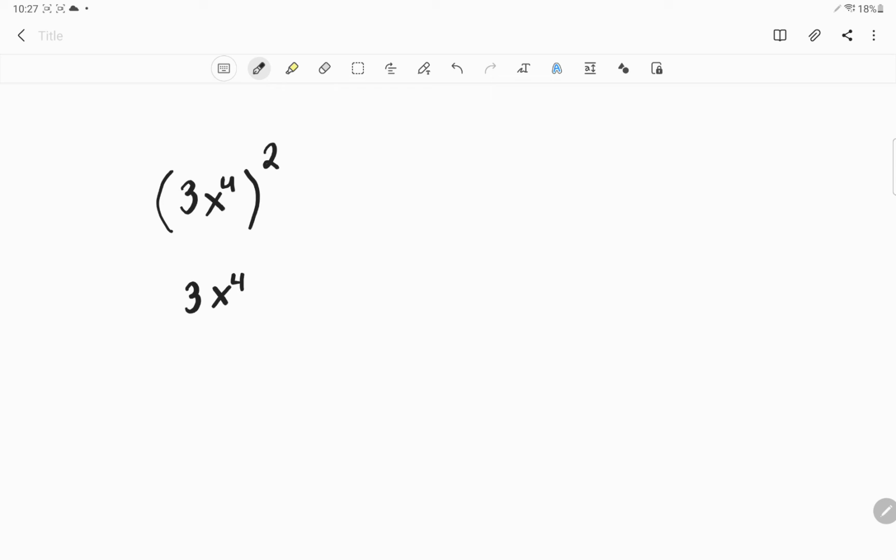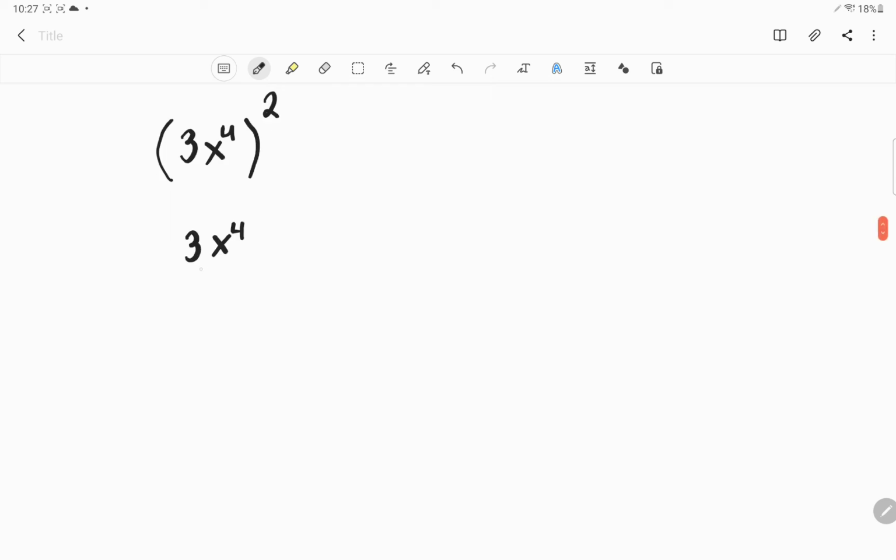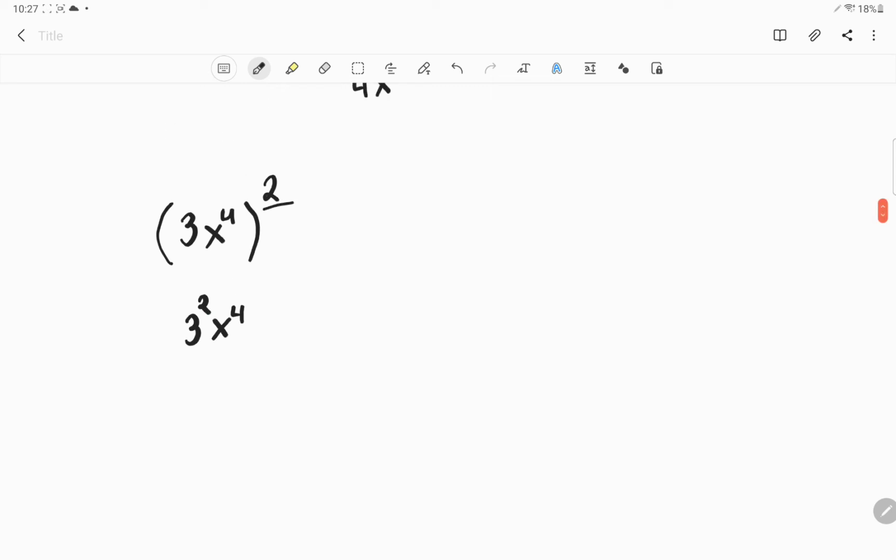Okay? Now what I'm going to do, I'm going to bring the 2 on top of both of them. So I'm going to have 3, and it's going to have an exponent, right? Because I'm looking at this exponent right here. And I'm going to put it on top of the 3, and I'm going to put a point and right next to the 4. Okay, now I just simplify.